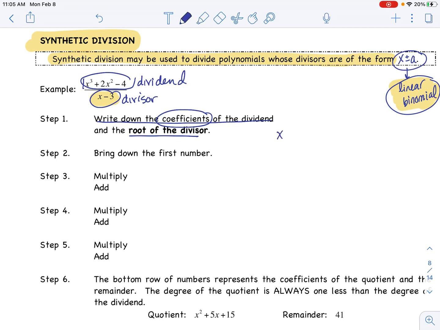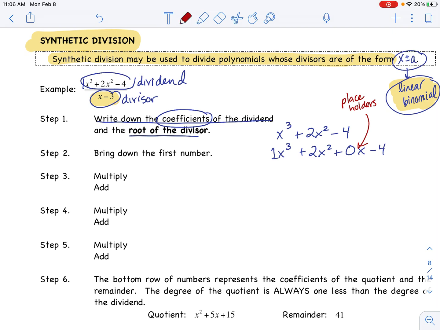This is my dividend, right? X cubed plus 2x squared minus 4, but I am missing here an x term. So I still need placeholders to fill in any missing places. Make sure you write a note to yourself, I still need placeholders for zeros.